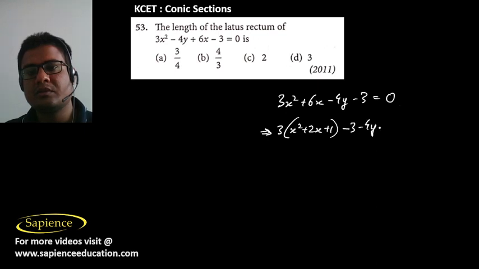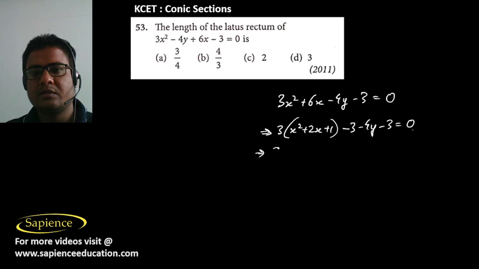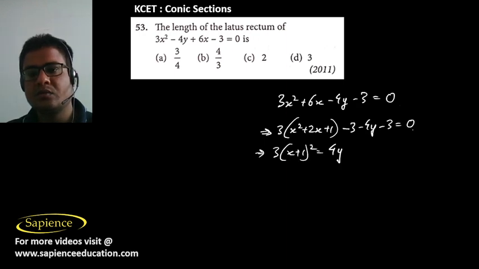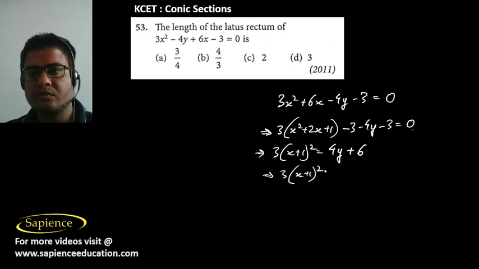So minus 3 minus 4y minus 3, that is equal to 0. So this will be 3 into x plus 1 whole square, that is equal to 4y plus 6. So this will be 3 into x plus 1 whole square, that is equal to 4 into y plus 3 by 2.